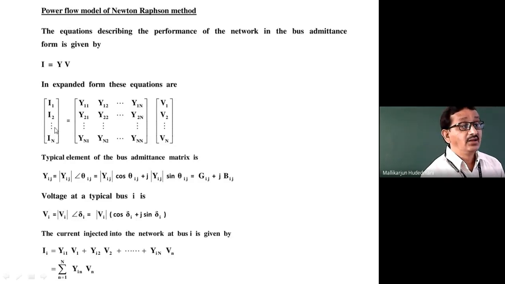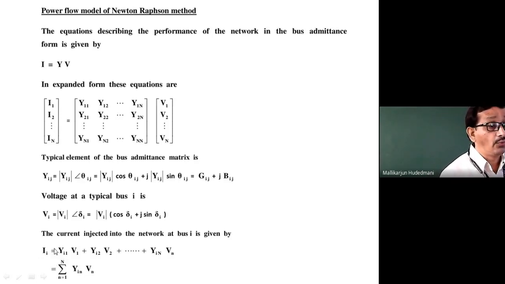ith bus is there. The ith bus current Ii can be taken out as a product of a row from the Y bus and a column from the voltage vector. If I operate it, what am I going to get? The current at bus i is equal to Yi1 V1 plus Yi2 V2 plus Yi3 V3 and so on, up to the last term YiN Vn.